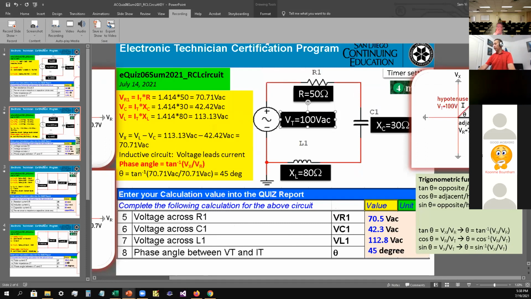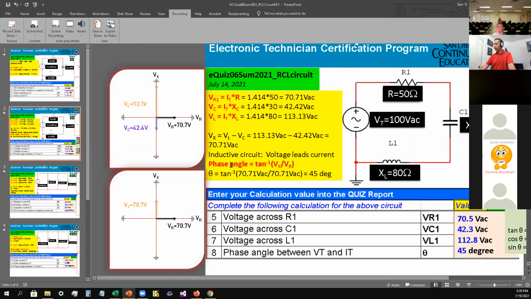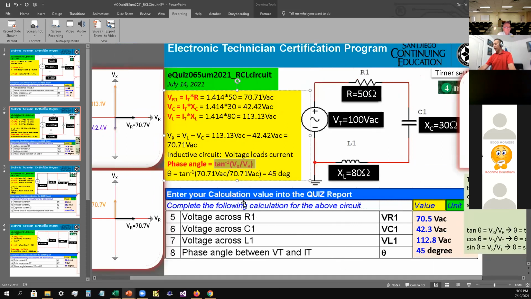Then we just follow the trigonometric function. Tangent of the angle theta is equal to opposite over adjacent. Opposite would be VX over VR. So that's where we got this formula right here. Then we pop in that value and do our calculation, and it should come out to 45 degrees.